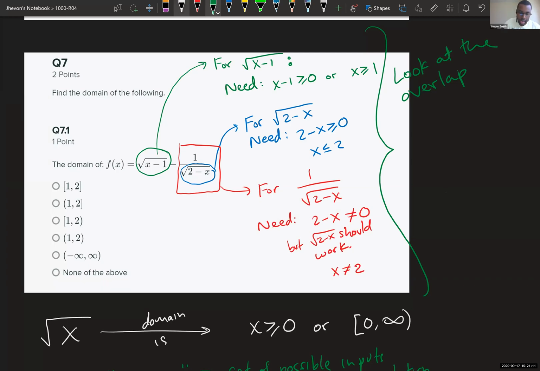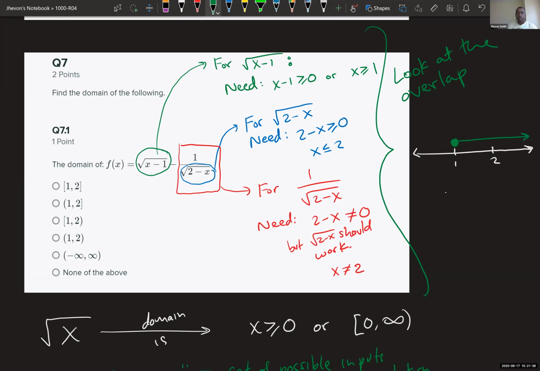So if you look at just the number line, there are a bunch of guys that show up. Of course, the 1 shows up, the 2 shows up. And what do we need? Well, for the square root of x minus 1, I have to be greater than or equal to 1. So I can be at 1, so there's a shaded circle, or anything bigger.